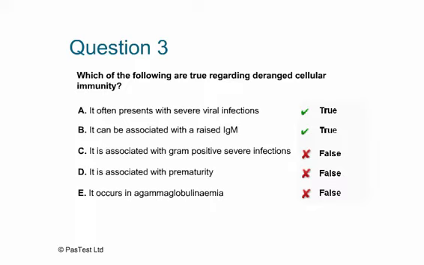As a result, these children do have a cellular immunity problem and are particularly susceptible to Pneumocystis jirovecii, also to Cryptosporidium, as well as to capsulated organisms.